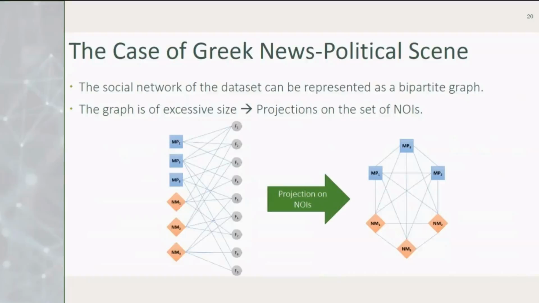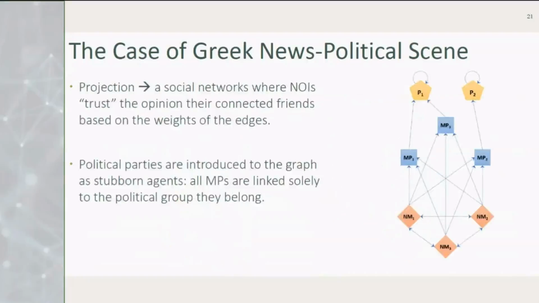We used a wide range of weighting functions to construct this projection. We enriched the projection with the parties, which are presented as pentagons, and we connected each MP to the party that they belonged to.